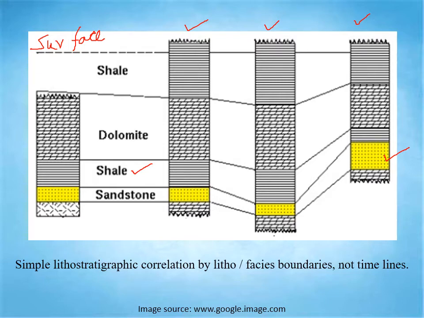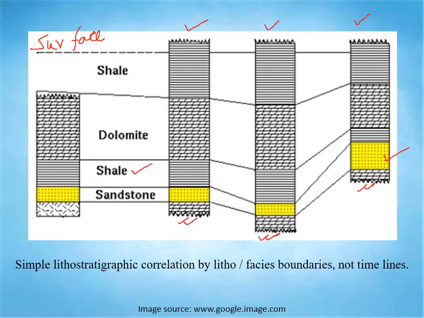So on the two aspects, that is the same lithology and the same stratigraphic appearance, that is, the upper and lower units are the same in all these three columns. So you can say that this lithounit is correlatable in these three columns. In these three columns, the yellow sandstone is correlatable.